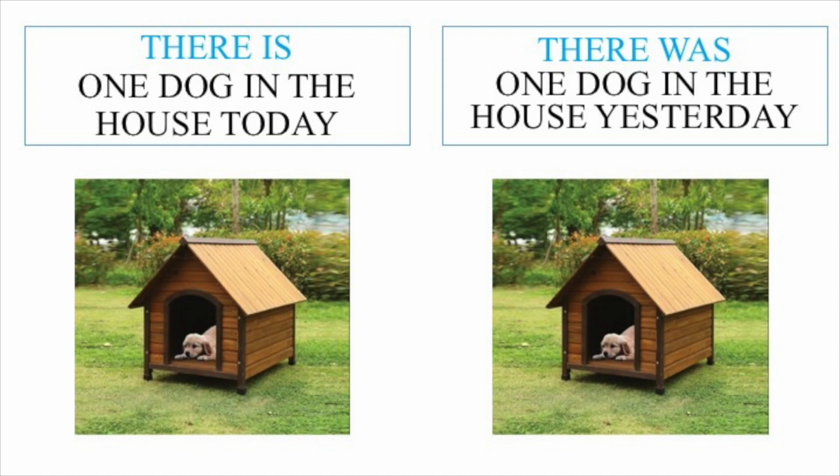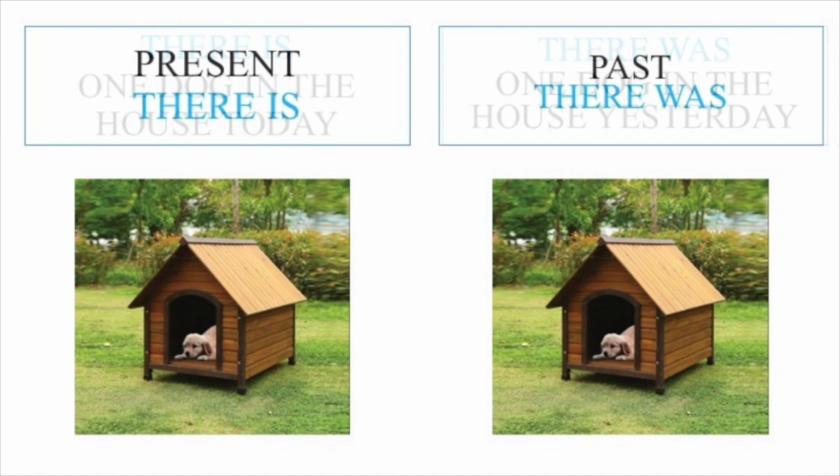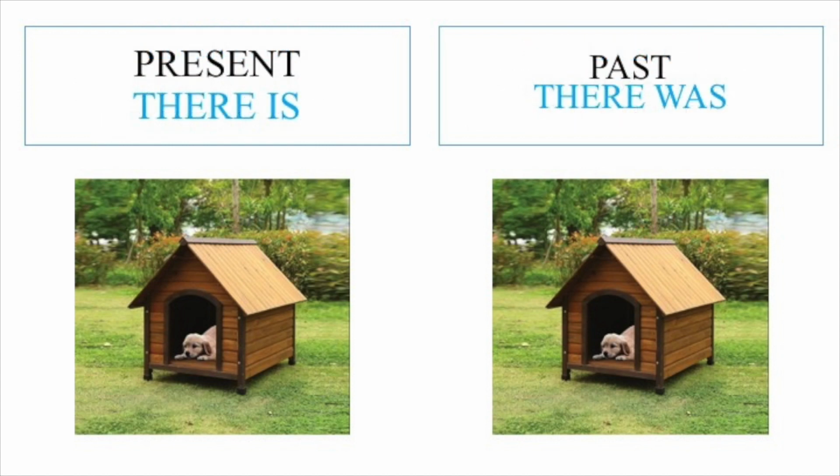But if we talk about the past, we don't say there is. There was 1 dog in the house yesterday. Not today, yesterday. Okay. Present, there is. Past, there was.